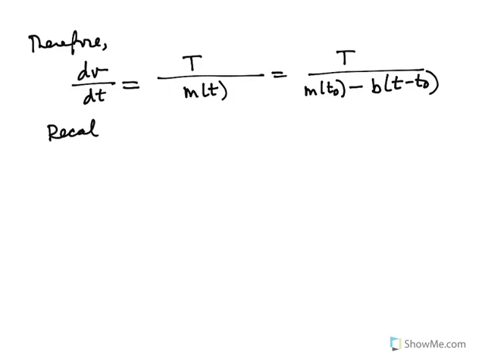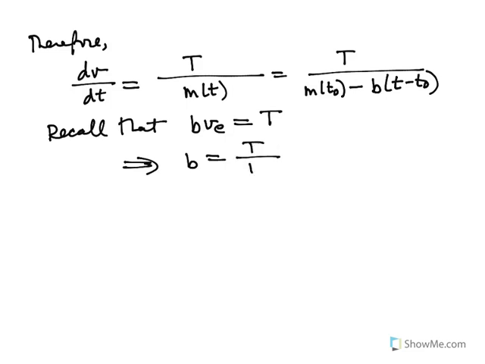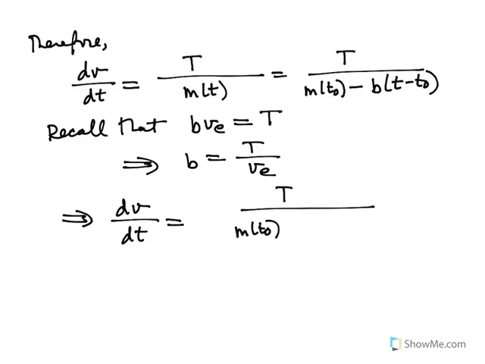Recall that b times v_E is equal to T, which implies that b is equal to T divided by v_E. So that means that dv/dt is equal to T all divided by m of t0 minus T over v_E times (t minus t0).